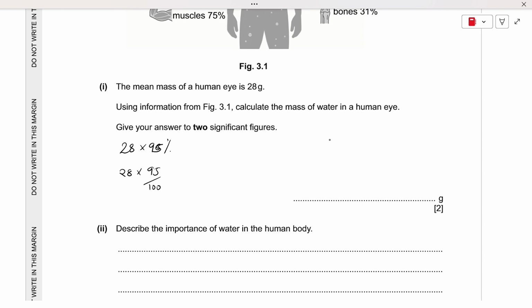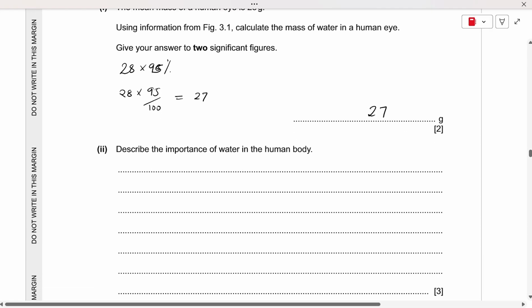When you work out this one here, you get 27. So the mass of water is going to be 27 grams. Mind you, we got it from taking the mean mass, multiplying it to the percent of water in the eye.